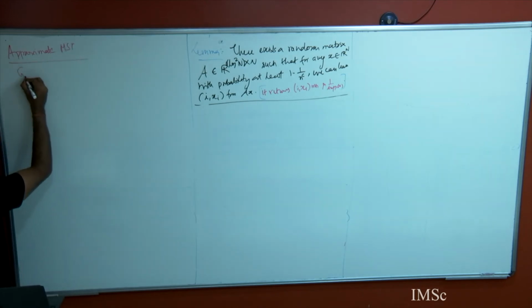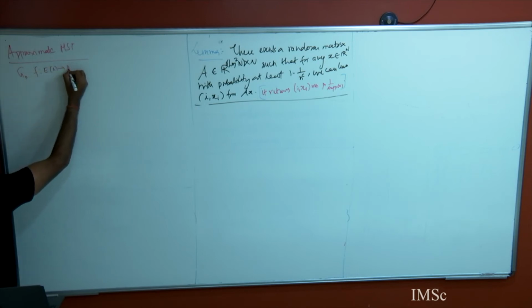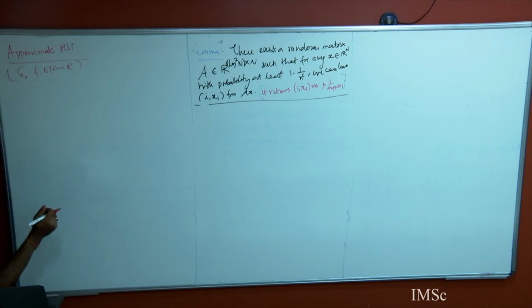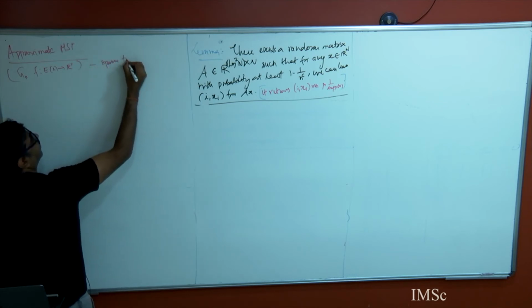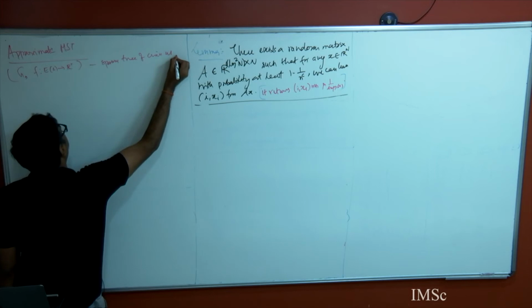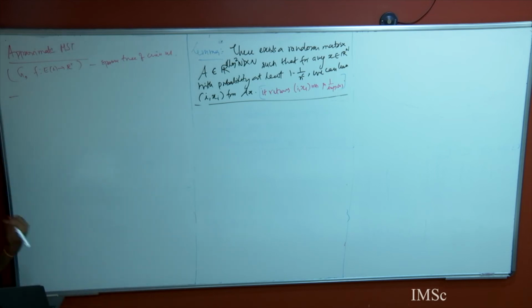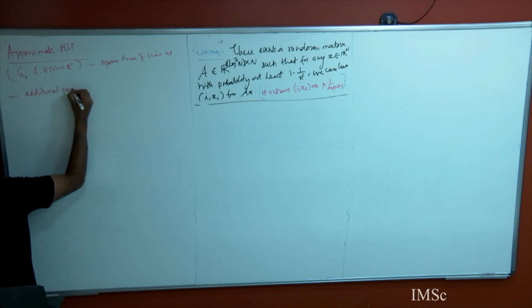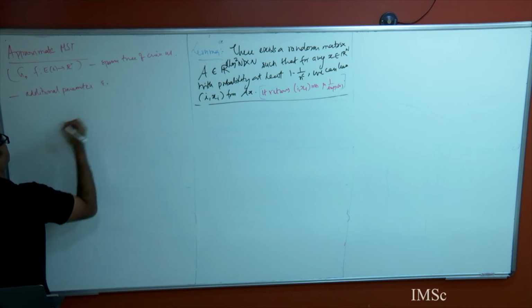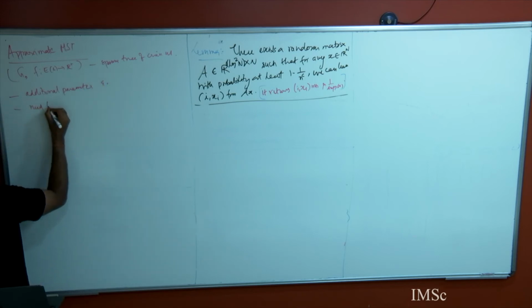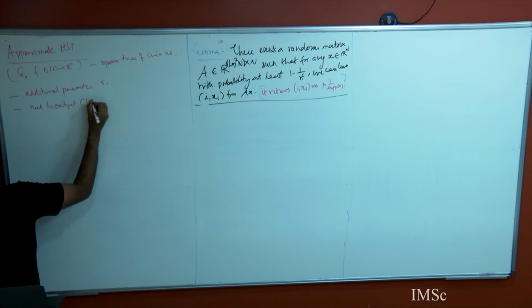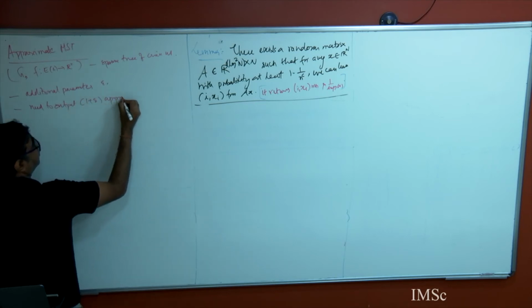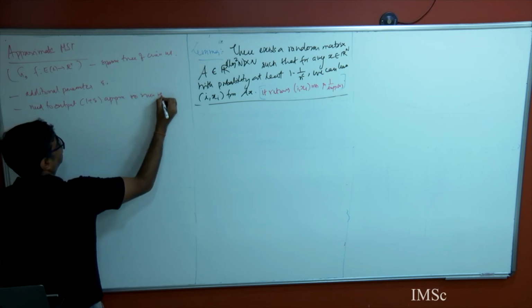We are given a graph G and a function from the edges of G to positive reals, say weights; it could have negative weight also, doesn't matter. We have to find a spanning tree with minimum weight. Now I give you an additional parameter epsilon. You need to output a 1 plus epsilon approximation to the minimum weight spanning tree.